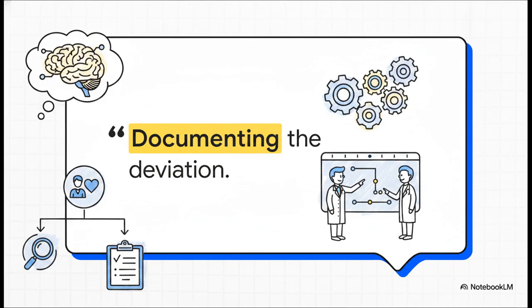Documenting exactly why you deviated from the standard protocol is the final, absolutely crucial step in the clinical reasoning loop. It's all about systems thinking, and ultimately, it's about safety. Because if you don't document that specific probability-weighted Socratic reasoning that led you to personalize a treatment, the next doctor who sees that patient won't understand your mental trace at all. They're just going to see a medical error. Documenting the deviation guarantees cognitive transparency across the entire healthcare system.